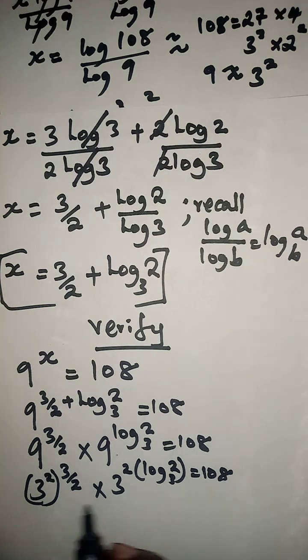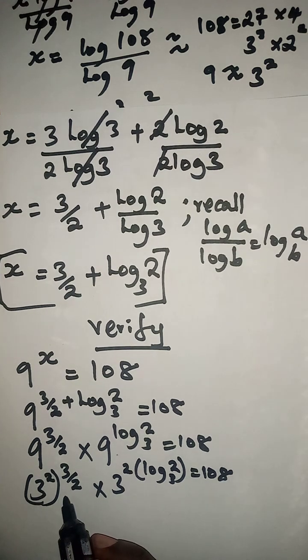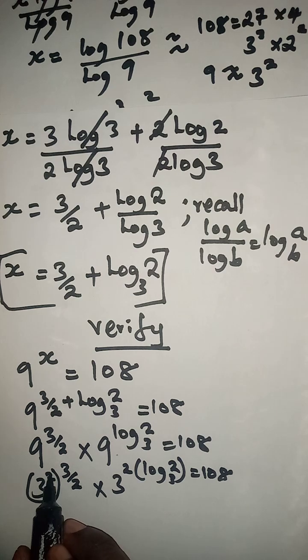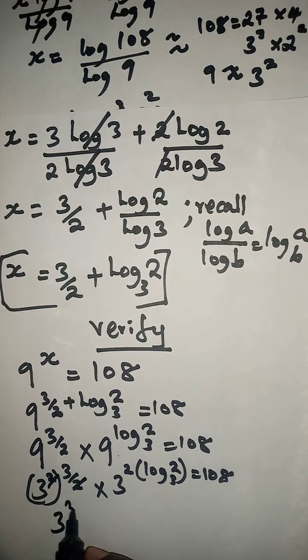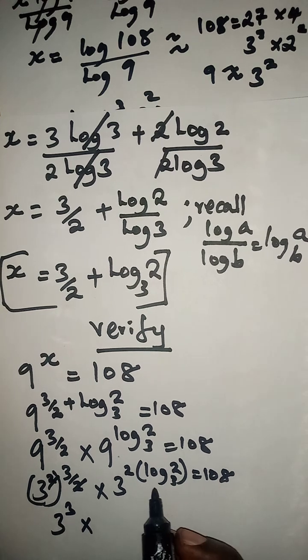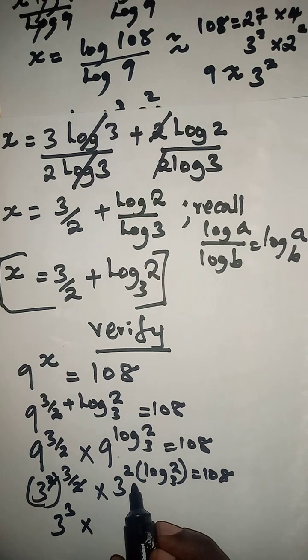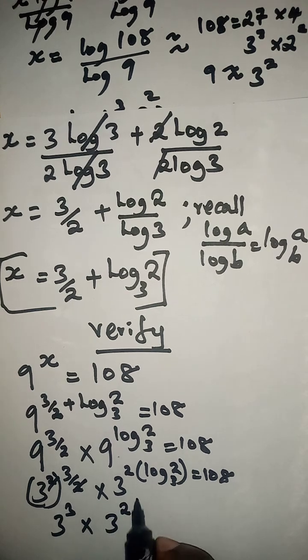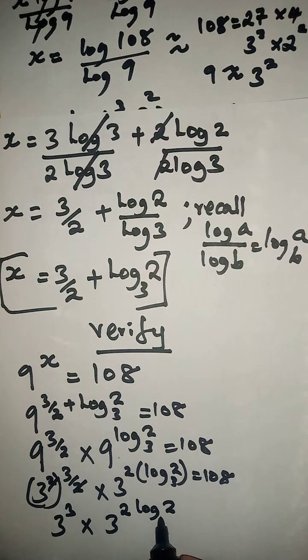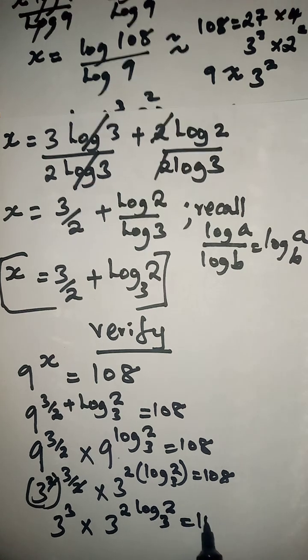So I can go further by opening the bracket. Remember, this is a bracket and the powers are being multiplied, so these 2 and these 2 are going to cancel, so that I have 3 to power 3 multiplied by, if I open this bracket, 2 to the log of 2 base 3 is equal to 108.